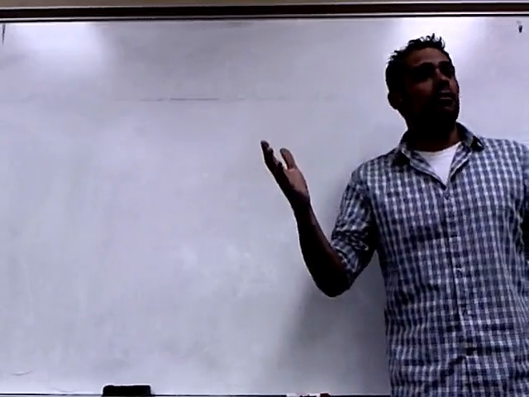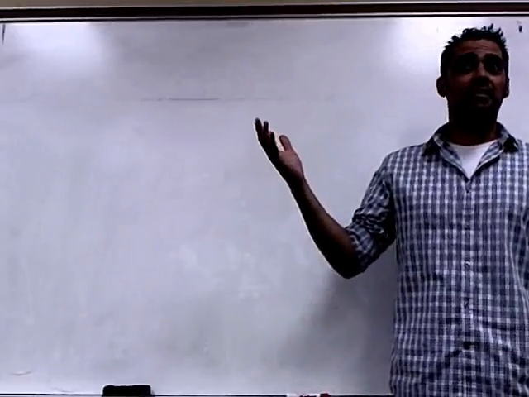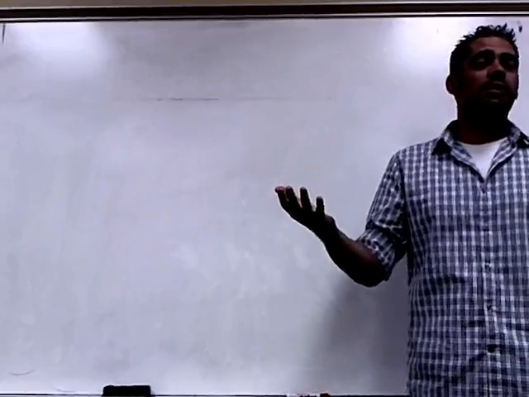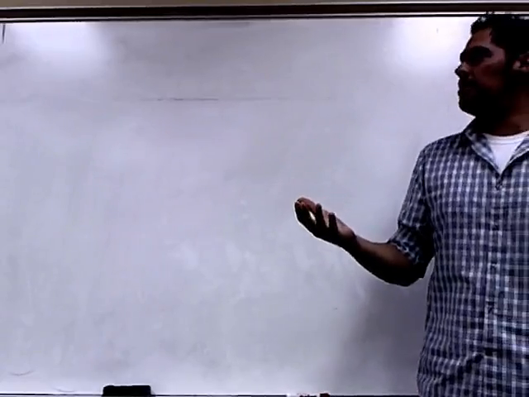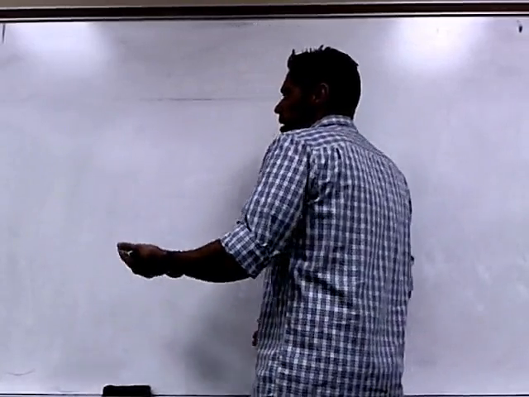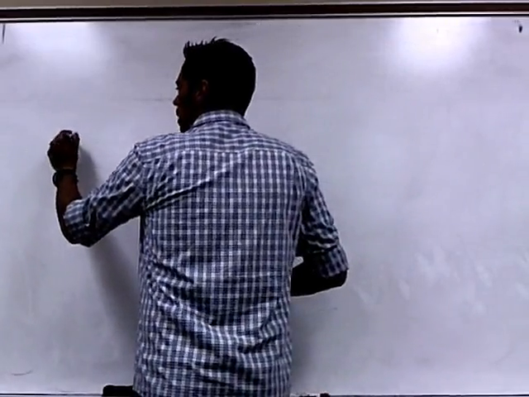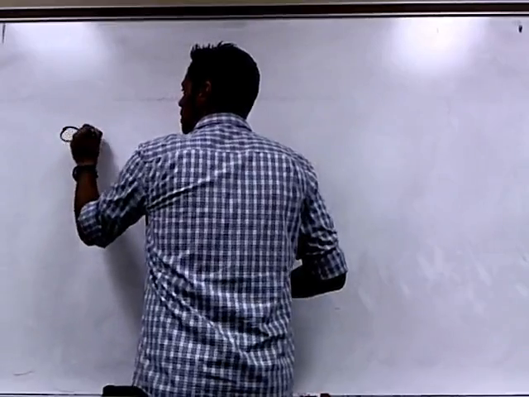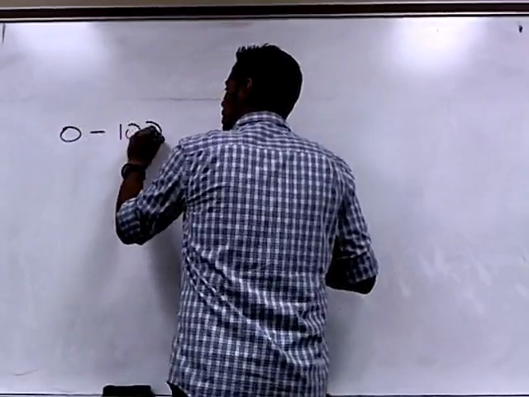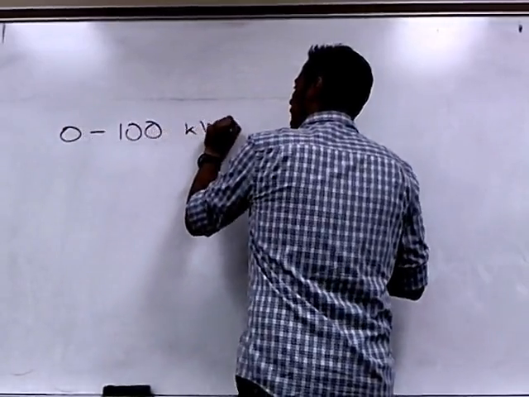Anybody here pay their own utilities? CPS? Okay. Or you pay for your own water? The way that it works usually is you use, let's say, electricity, right? What happens is they say, okay, anywhere between 0, and I'm just making up a number here, 100 kilowatt hours. That's the measure.